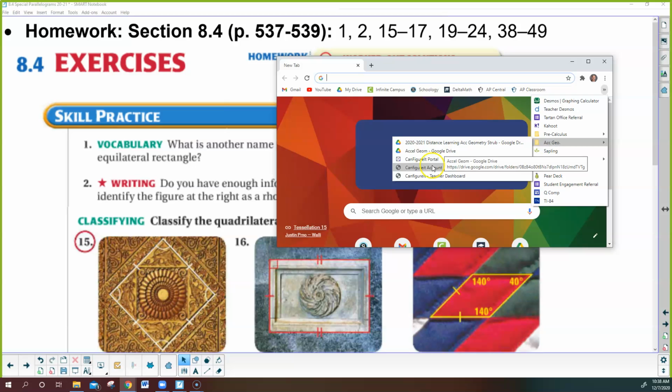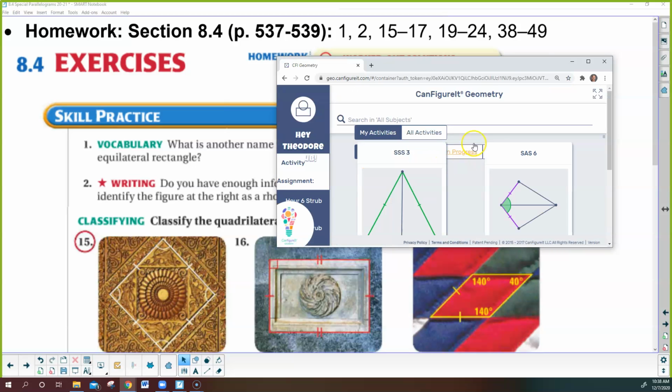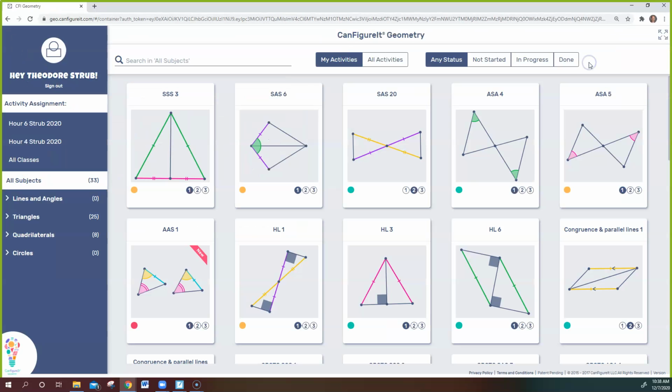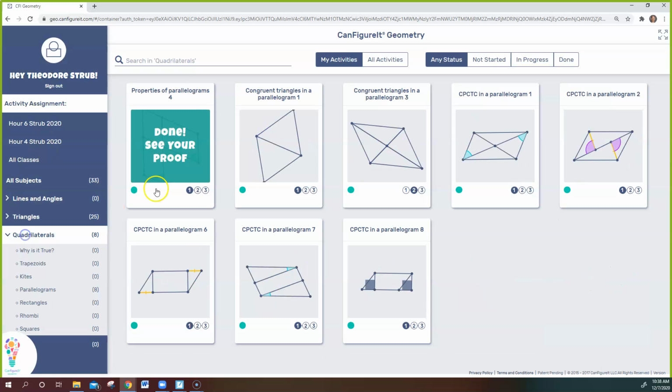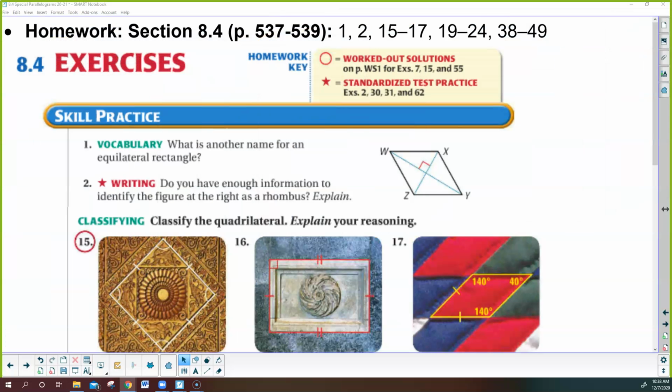If you said your Can Figure It did not work, if it doesn't show up, one of the reasons is you have to maximize your screen. You should go through Google Chrome and then maximize it. And once it's maximized, then you can see all the quadrilateral pieces that you had to do. Okay, that's a really easy, quick fix that I think a lot of people were having issues with.